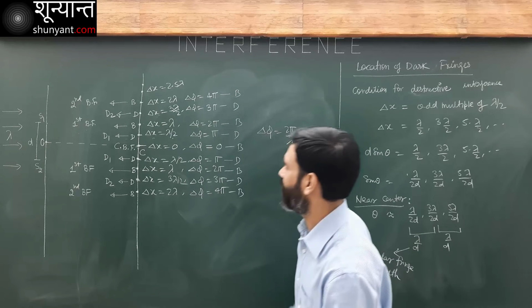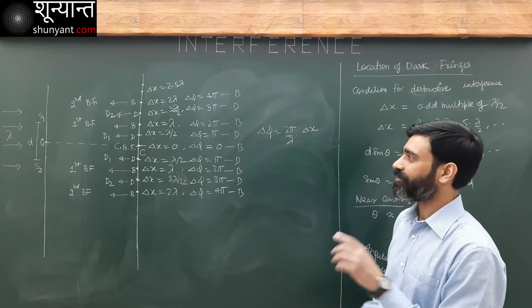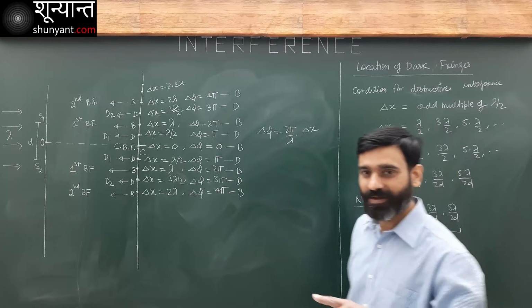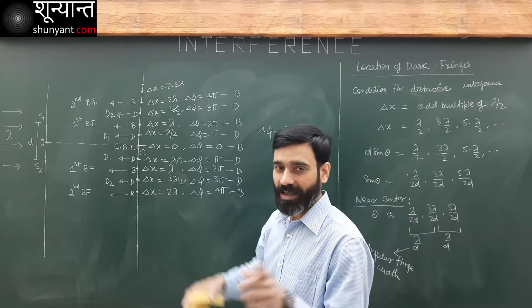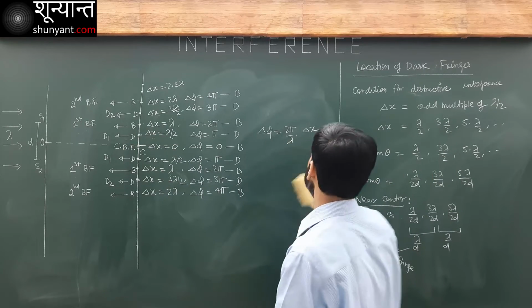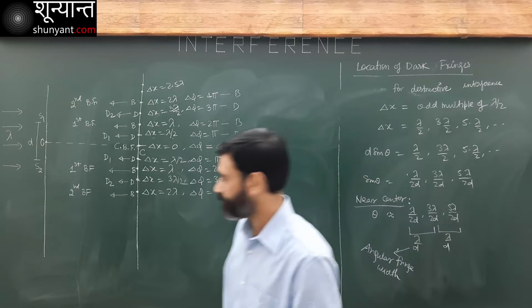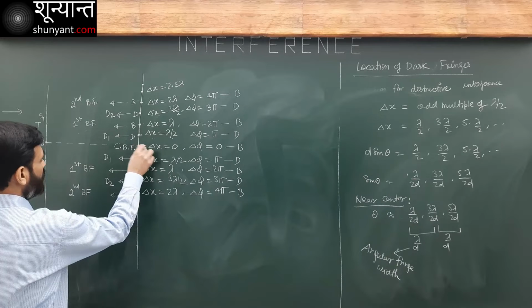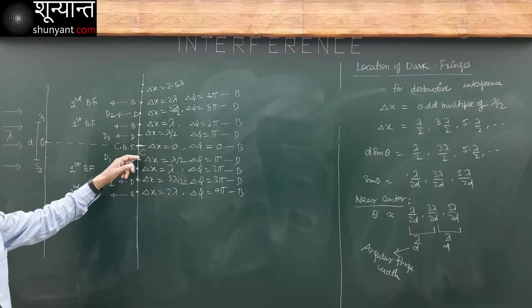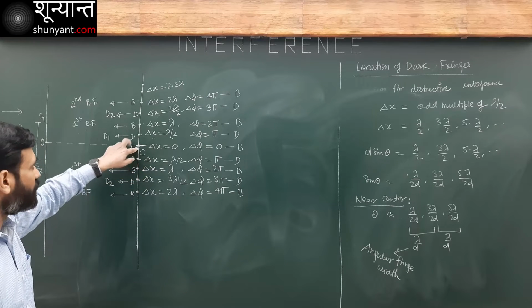Okay. Now, all of these are in terms of path difference and phase difference. We just discussed the angular positions. What about distance from center? What will be the distance from center? This is at the center. Now what will be the distance?